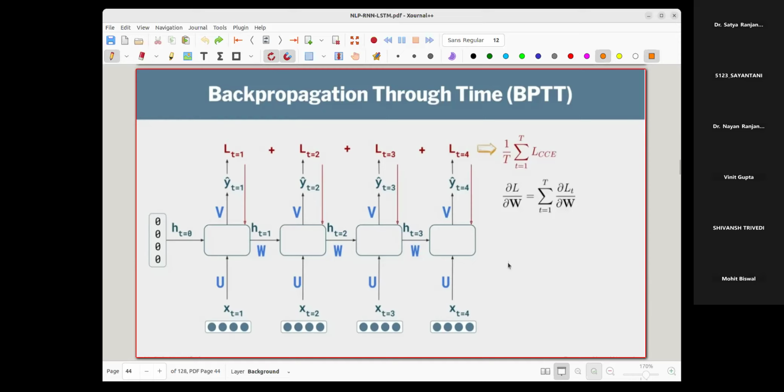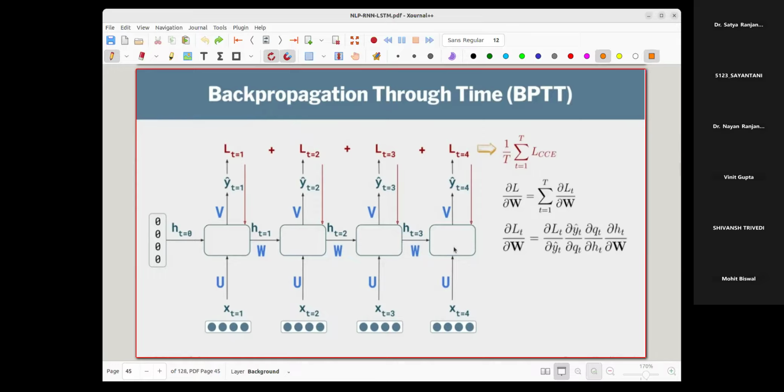But imagine how we'll calculate del L by W. Del L by W is exactly the same. At every time step, you calculate the loss with respect to W and add them. This will be del L by W. But in each time step, how will you calculate it? That is the problem.